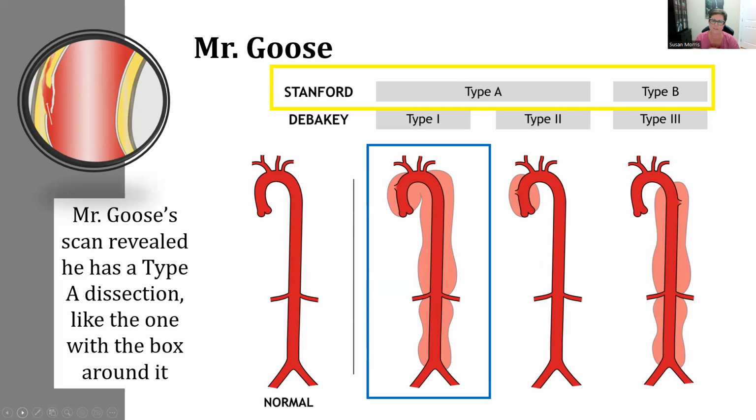So there's two kinds of classification scales that you can use. You can use the Stanford or the DeBakey. We at the New Brunswick Heart Center use the Stanford. So type A is the ascending aorta up here.